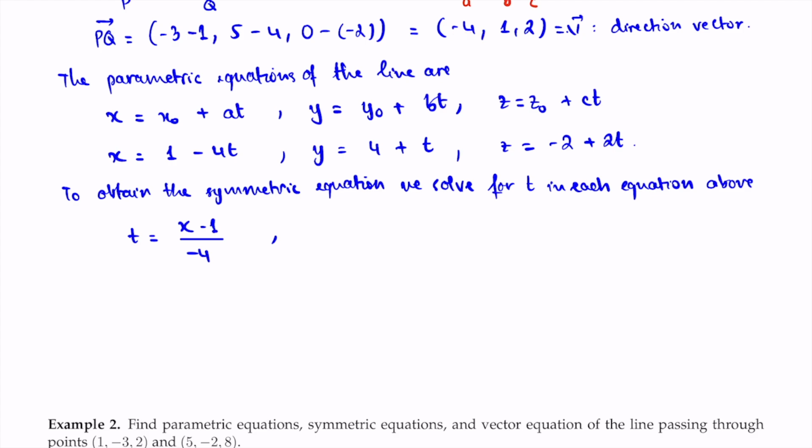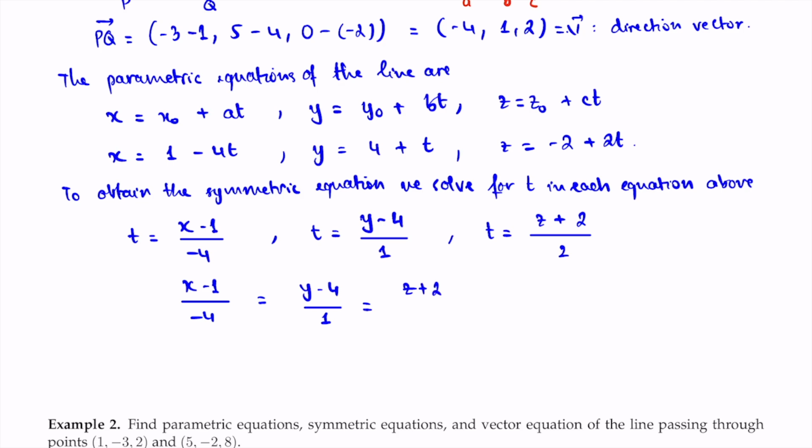For the second equation, I get t equal to (y minus 4) divided by 1. Usually we don't write divided by 1, but you want to keep the form of the direction vector. For the last equation, I get t equal to (z plus 2) divided by 2. Setting these equal to one another, I get (x minus 1) over -4 equal to (y minus 4) over 1 equal to (z plus 2) over 2. Again, this is the symmetric equation.